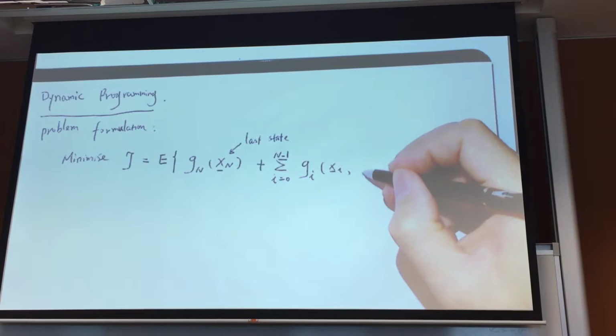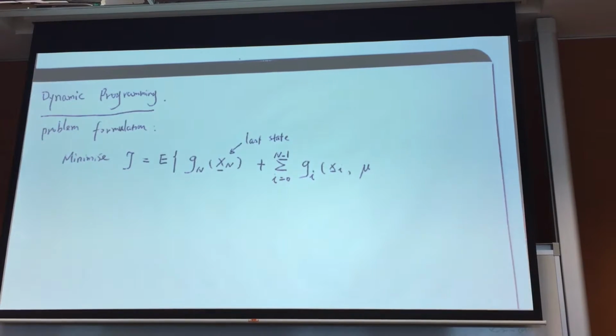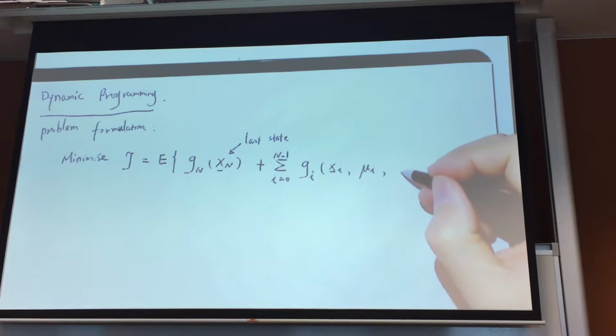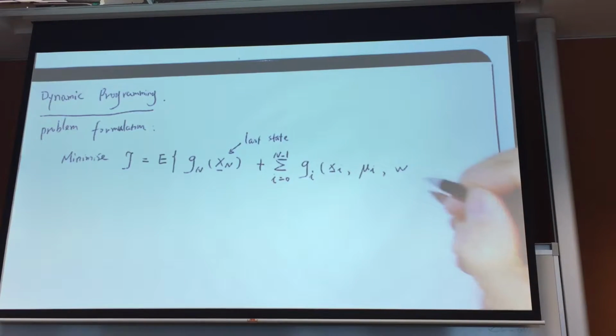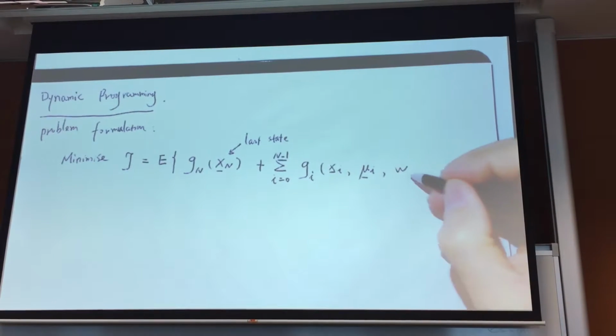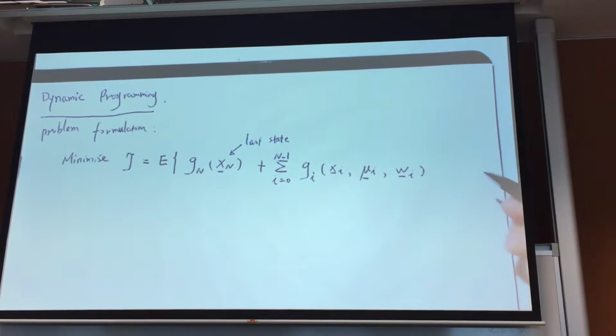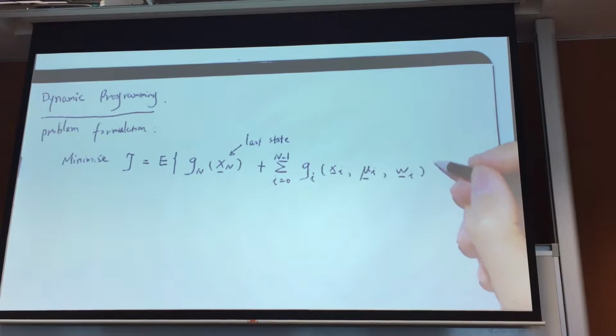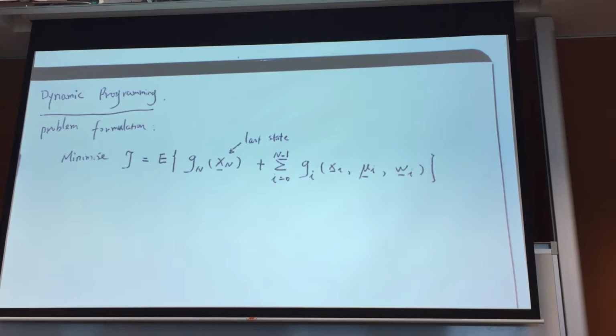The input is given by a control function, and we have a random variable. So all these are potentially vectors.